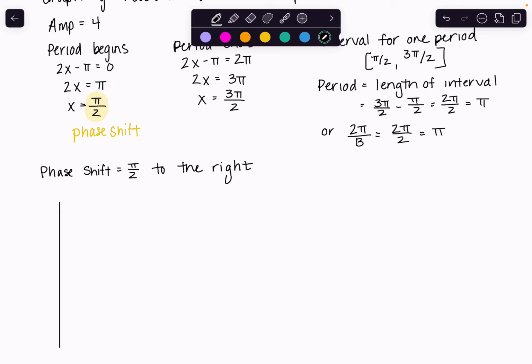But again, I want to find those key values overall. We are now trapped between 4 and negative 4. My graph is going to start at pi over 2, and it's going to end at 3 pi over 2.